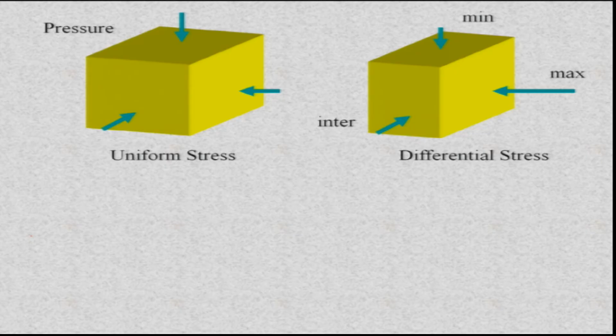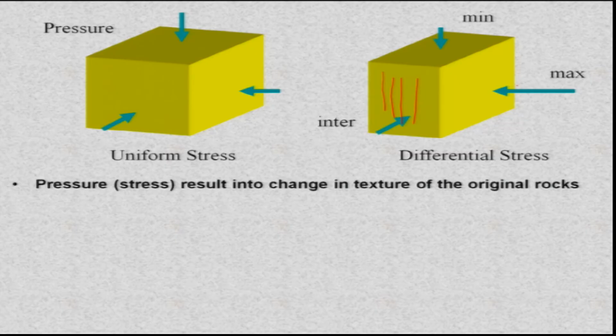And so you will have preferred orientations of the minerals, which will be aligned almost perpendicular to the maximum stress. So pressure, which we take as stress here, results in a change in the textural parameters.